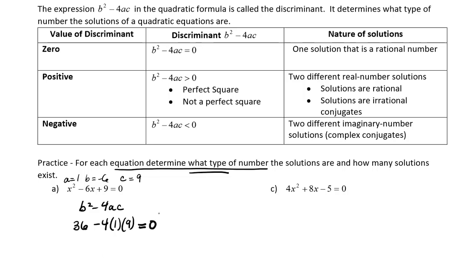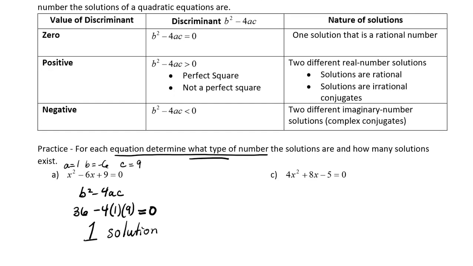If we have 0, that means we'll have one solution that is a rational number. Let's look at the next example.